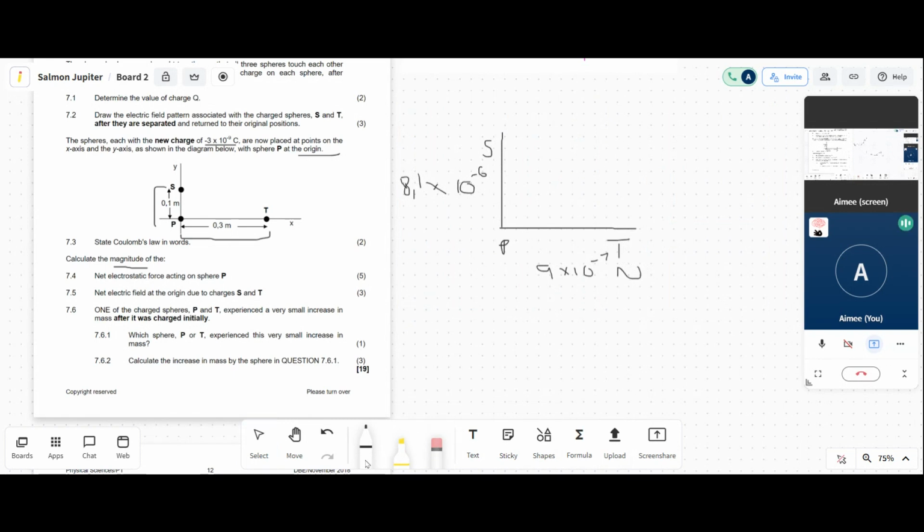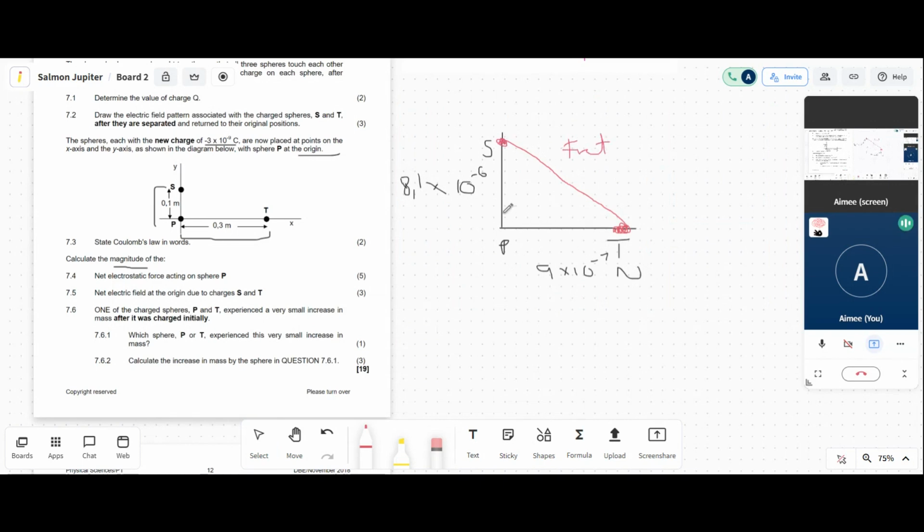And now, like I said, when you've got something like this, we're using the principles of Pythagoras. So we do this, and we do this. And this is the F net that we're calculating. This is F net.